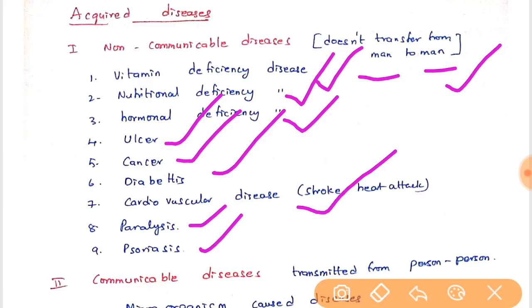In the sense, even if we touch those who are suffering from diabetes or cancer, even if you live with them, you will not get those diseases, friends. No vector can transfer these diseases from the victim to you, friends.